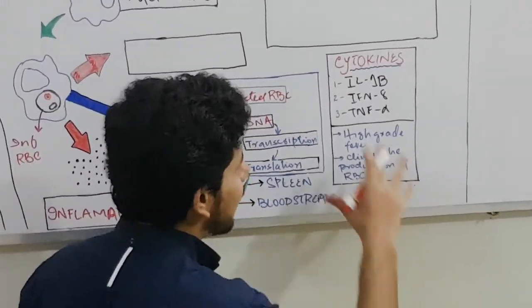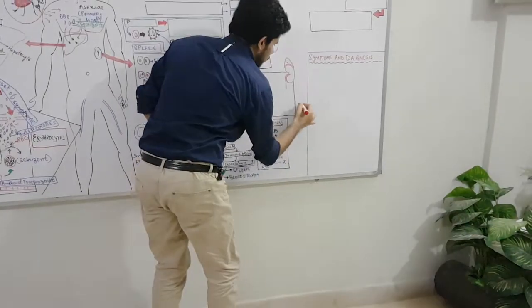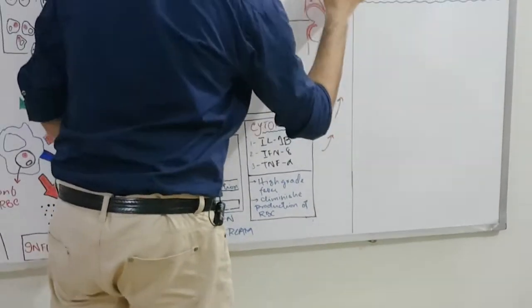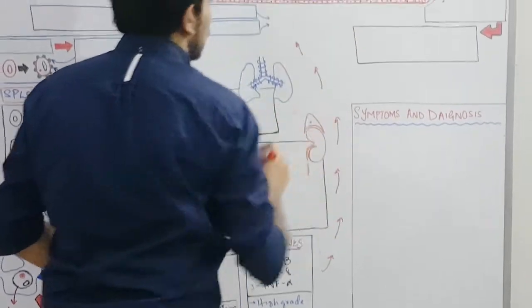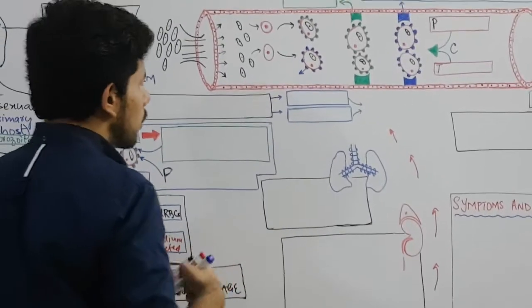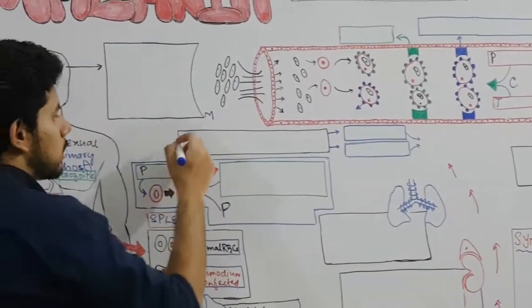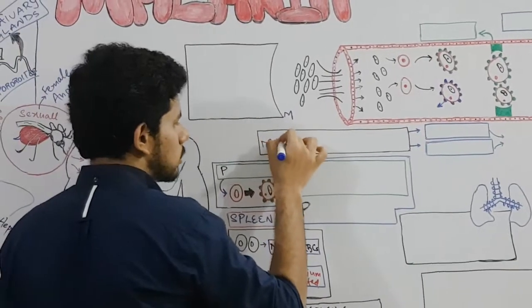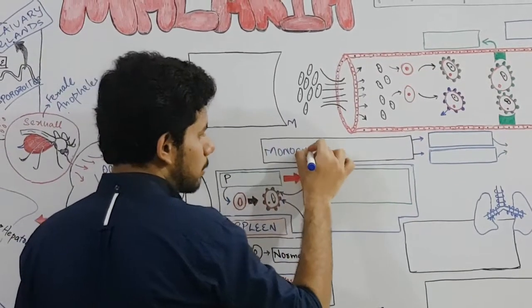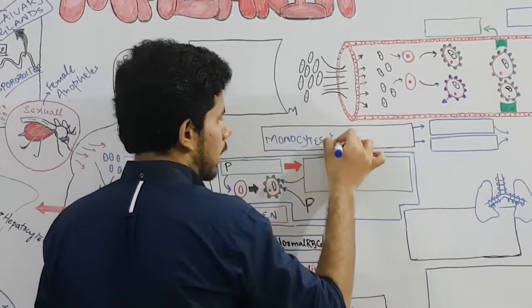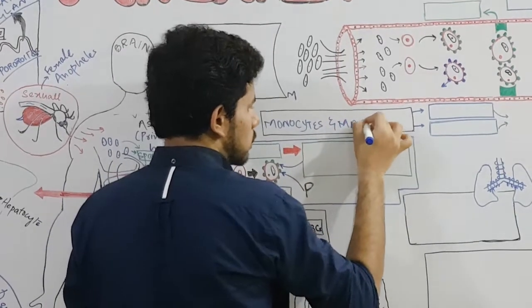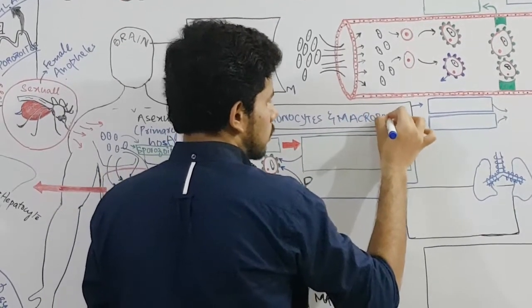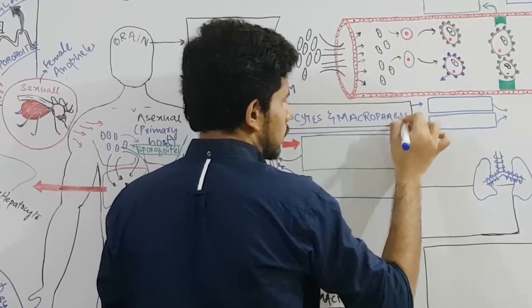So where are these cytokines released? They are released majorly in two areas. And from where are they released? They are released from monocytes in the bloodstream and macrophages in the spleen.